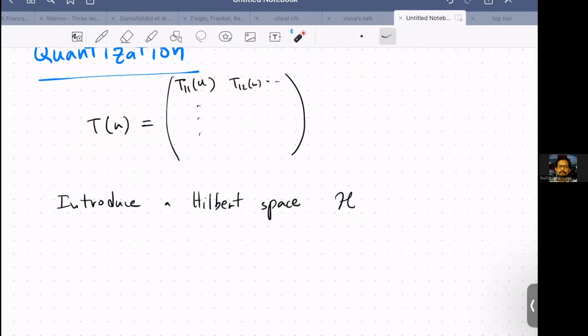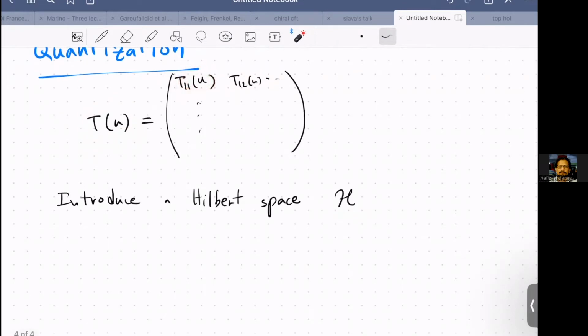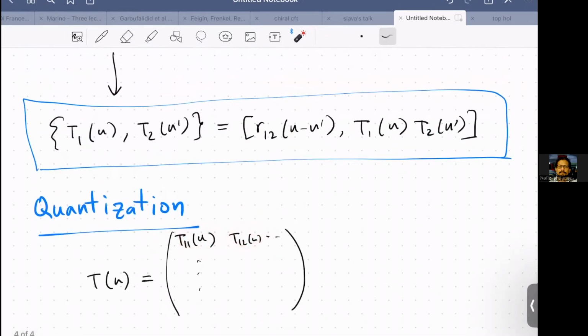These are matrix-valued functions on phase space, so we will have to deal with that matrix at some point. But for now, these are just ordinary functions on phase space, and we can simply promote them to operators on a Hilbert space, operators that depend on an auxiliary variable U. And the brackets between these operators are going to be promoted versions of the Poisson brackets.